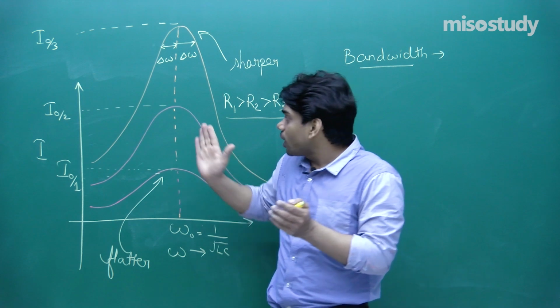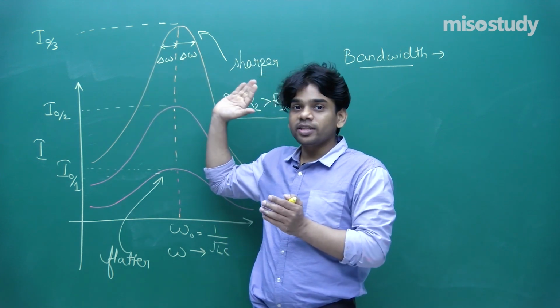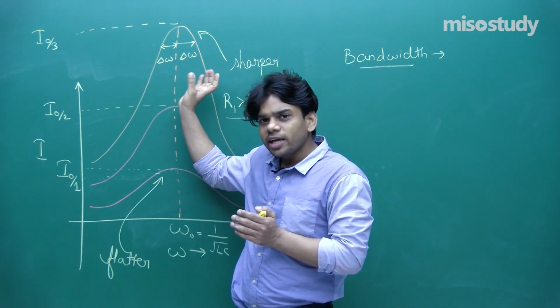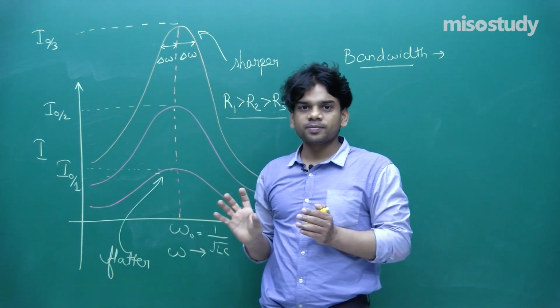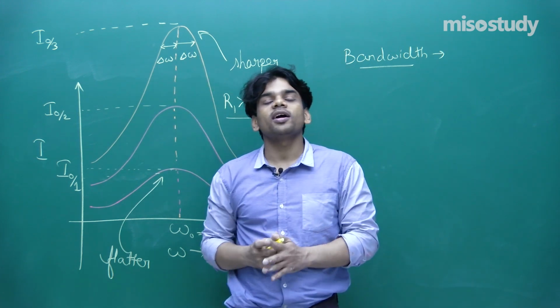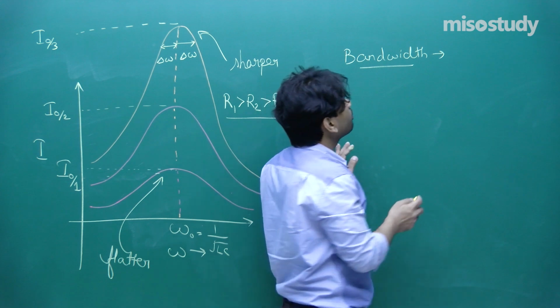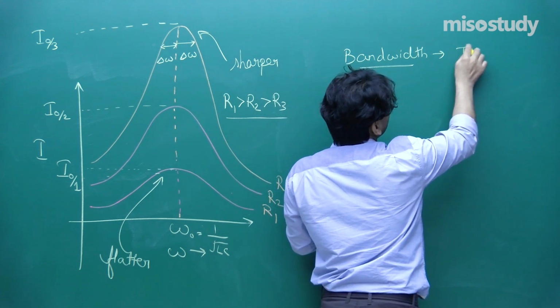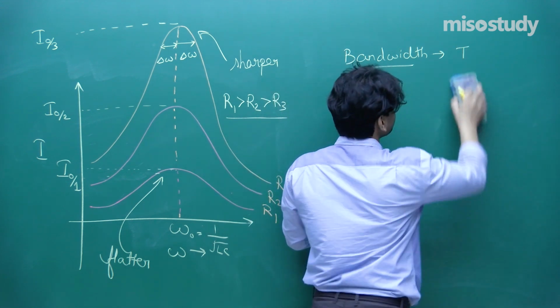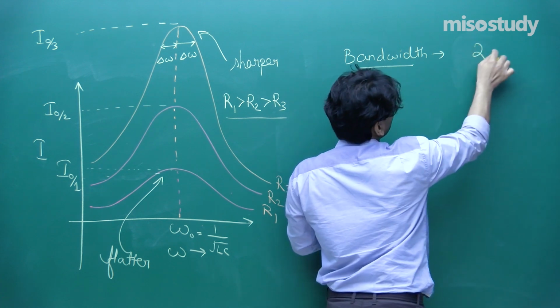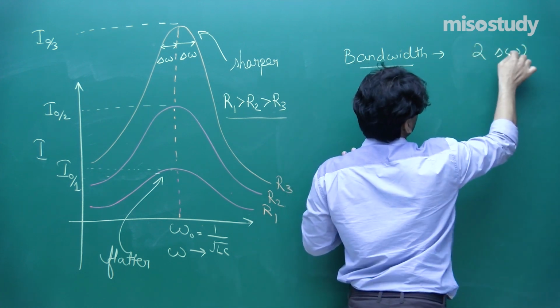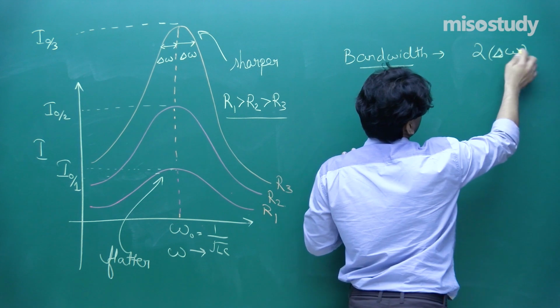So the net change when omega is changed by 2 delta omega, this 2 delta omega is known as the bandwidth.